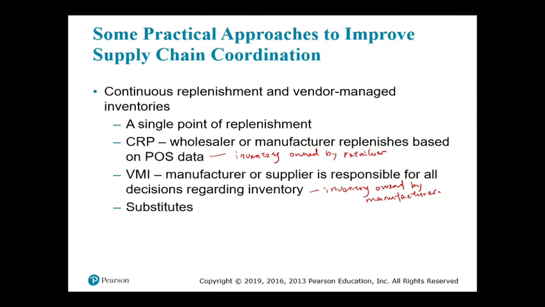And another drawback of VMI or CRP is the issue of substitution between different products. Okay, so if we have a large retail store such as Walmart, under each product category, they often carry different products, often from competitor brands.